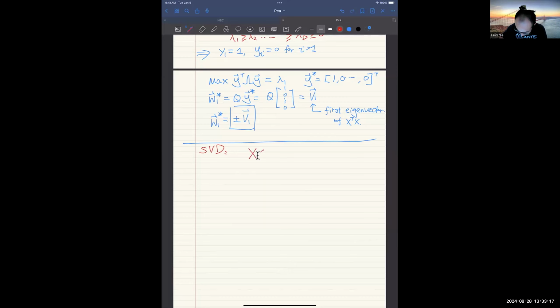Say this matrix X, which is my data matrix, is of the form N by D. It's possible, as we have seen in the past, that we have so many features that this big D is significantly bigger than the number of points N. Then X transpose X becomes a big D by big D matrix, which is too expensive to calculate or too large to store, because that's of order D squared.